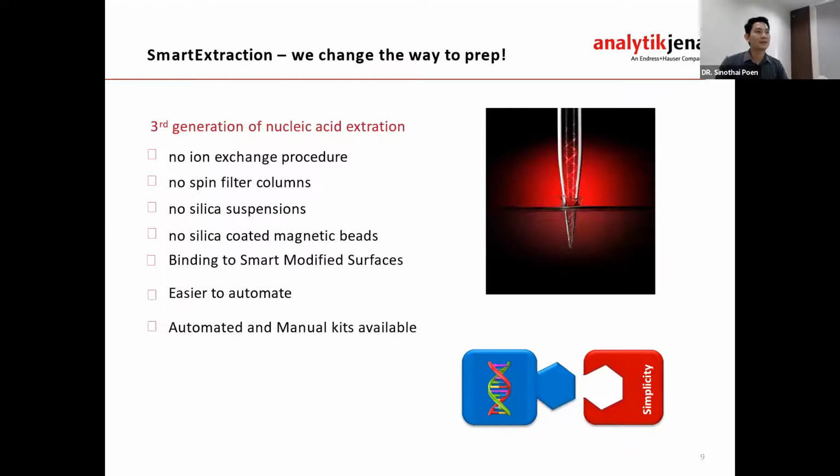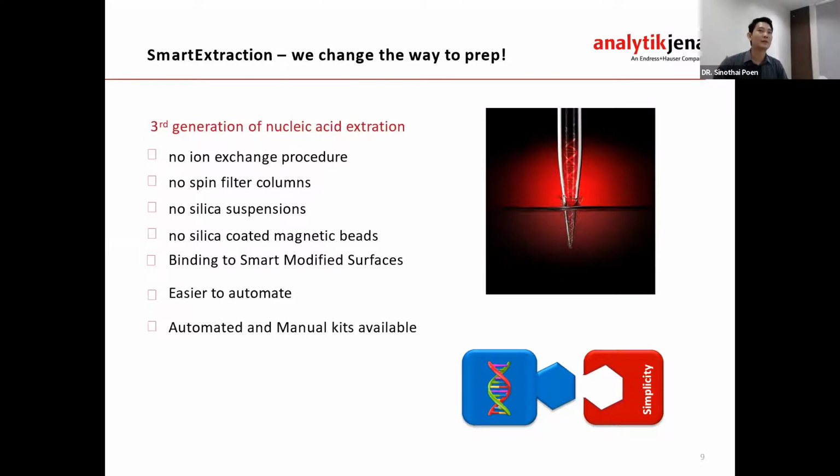Later, we thought that we could further improve the dual chemistry technology. And recently, we launched SmartExtraction as an improvement of our dual chemistry technology. With this technology, there is no need for ionic change procedures, no spin filter columns, no silica suspension, no silica-coated magnetic beads.